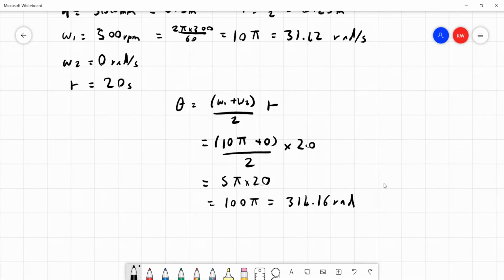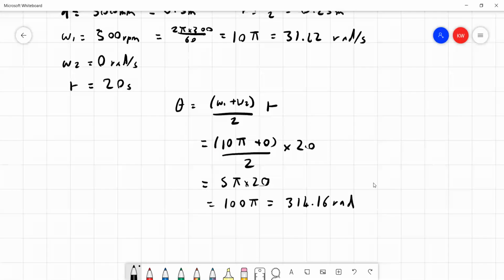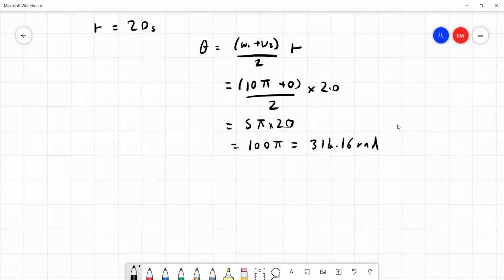So we've now worked out how far the drum has turned in this time period, but the final thing we need to do is to work out the length of rope, so that's how far down the load has moved effectively. Well, we have a bridging equation for this. To find the linear displacement, or distance travelled s, that's equal to theta, the angular displacement, times the radius of the drum, the radius of the thing that's rotating in this question.